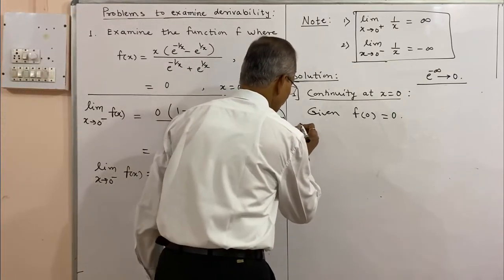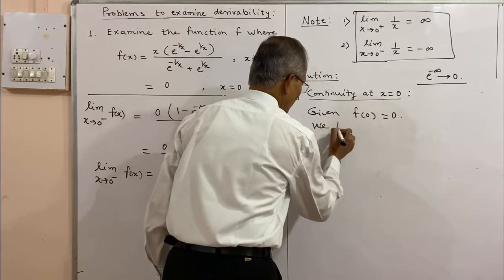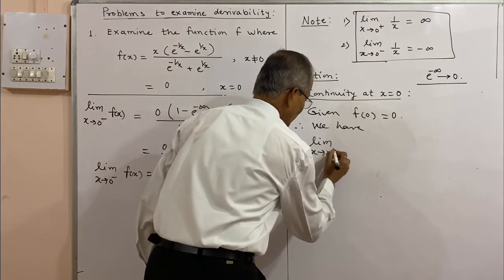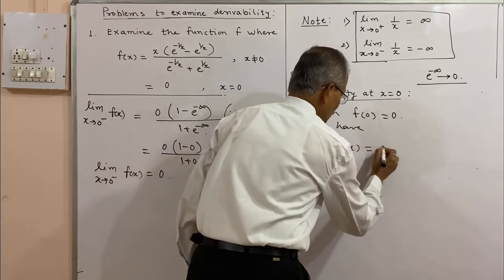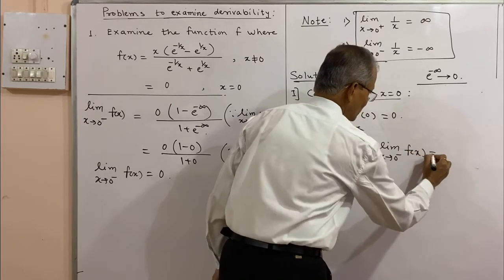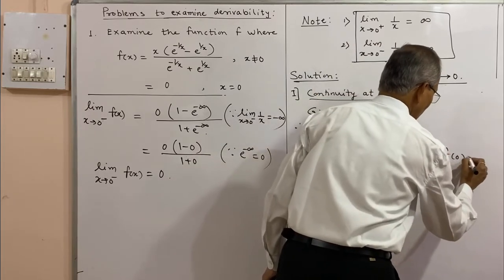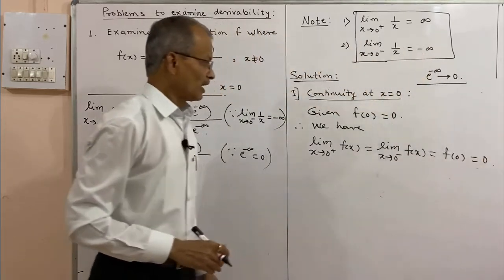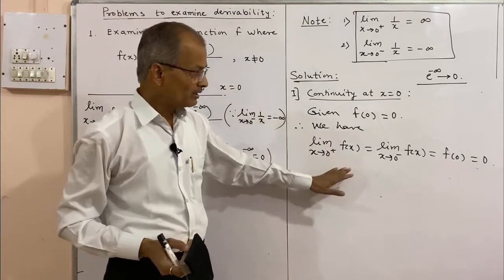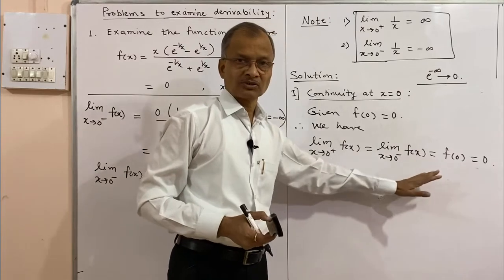So therefore we have limit x tends to 0 from right of fx is equal to limit x tends to 0 from left of fx is equal to f of 0, and all are equal to 0. And when we know the definition of continuity, when the limit is equal to the value of the function, then the function is continuous.